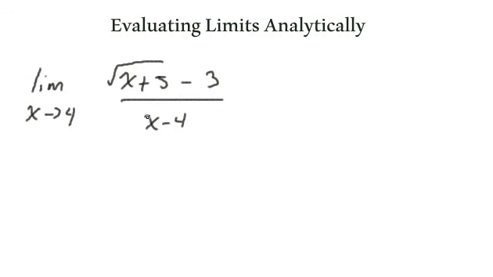So we take 4, we do the direct substitution, plug it in. 4 plus 5 is 9, and the square root of 9 is 3, so we get 3 minus 3. So once again we get 0 in the numerator. Plugging 4 into the denominator, we also get 0.